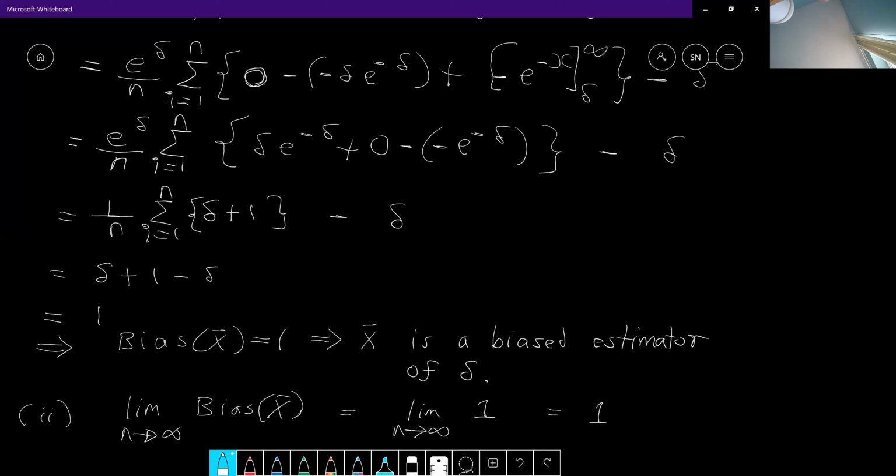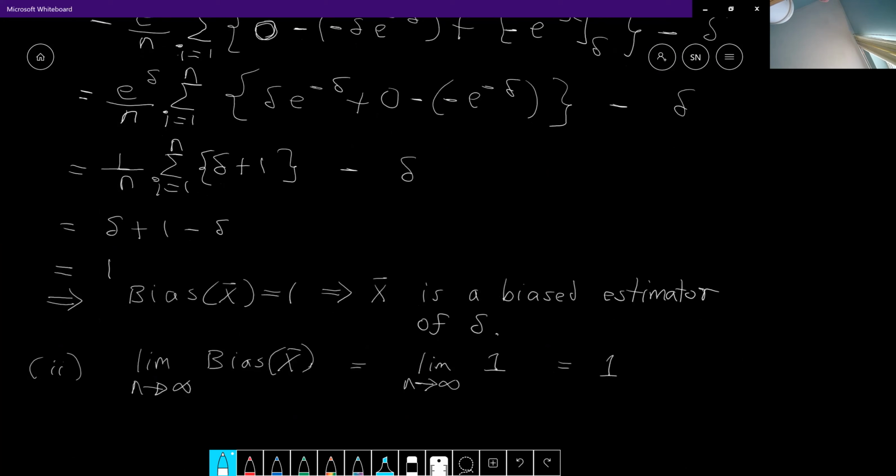Obviously 1 does not depend on n, so the limit is just the constant 1. Okay, so that's part 2.